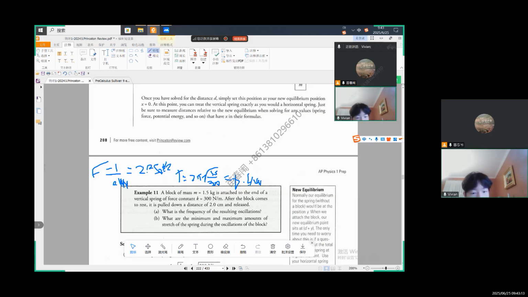This one you need 1/2 times 300 times 0.02.